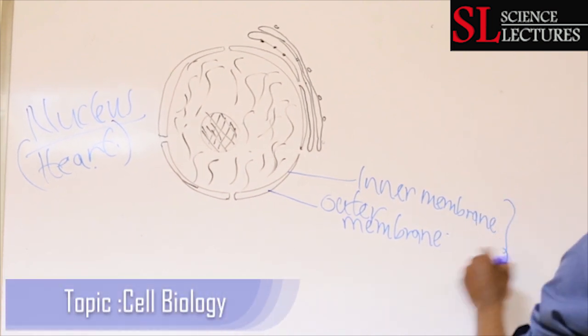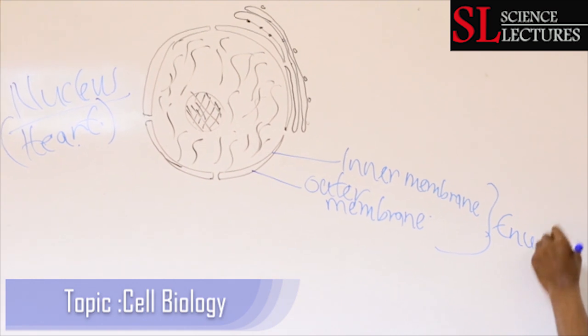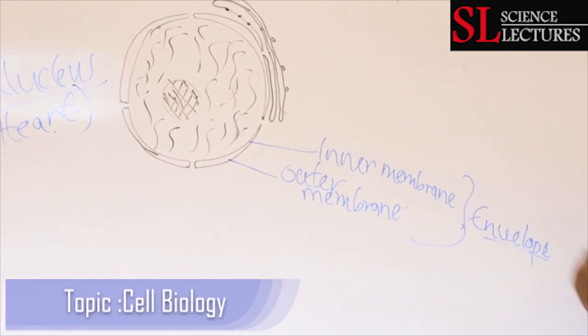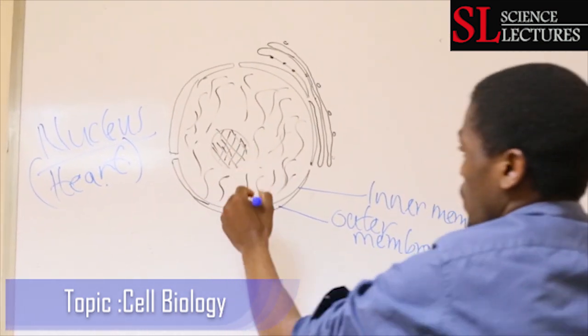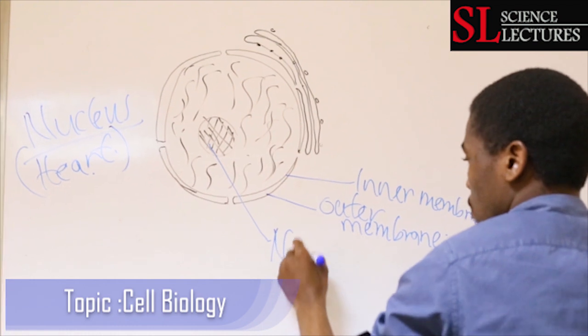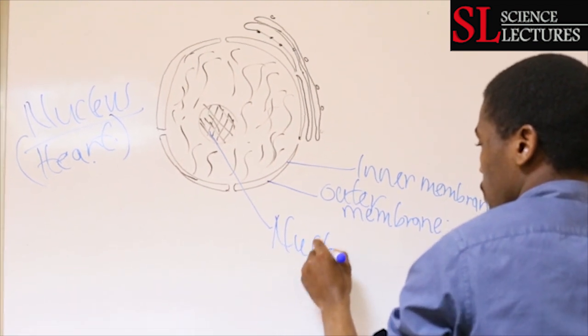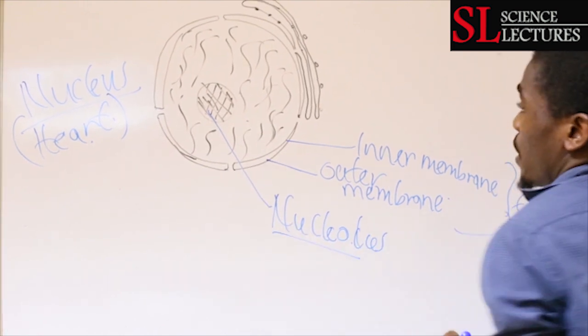This double membrane is what we refer to as the nuclear envelope, the envelope of the nucleus. Inside the nucleus we have another structure called the nucleolus.